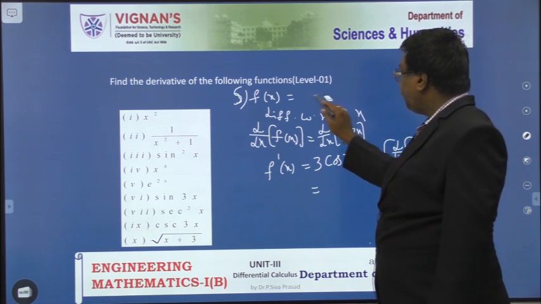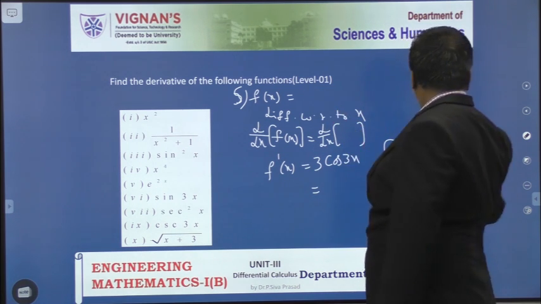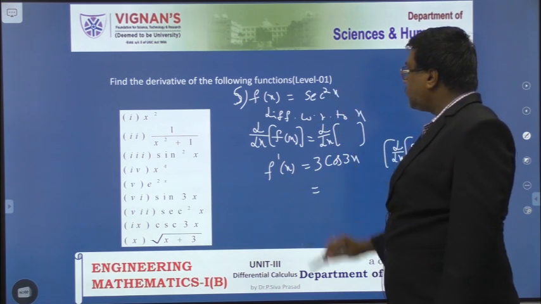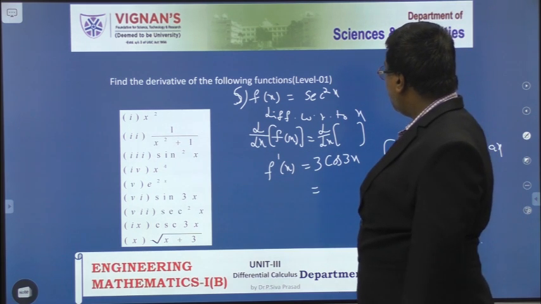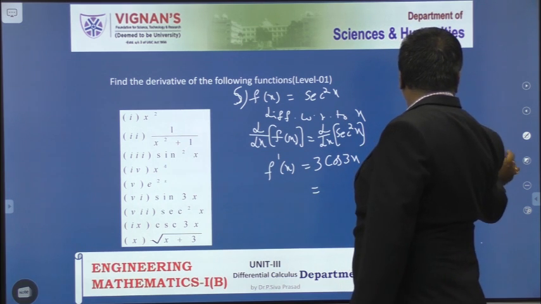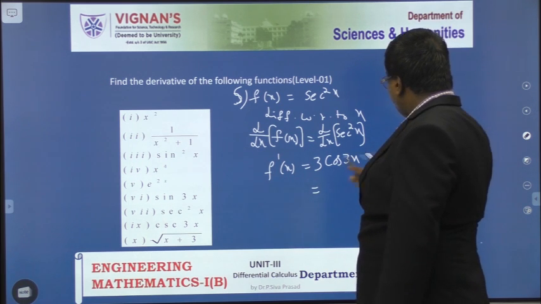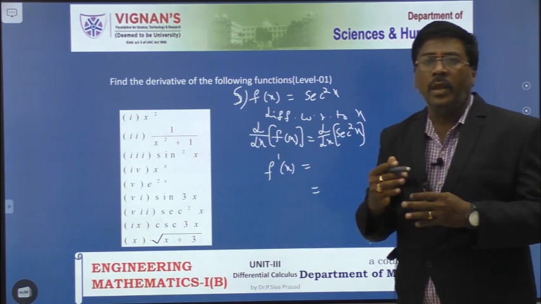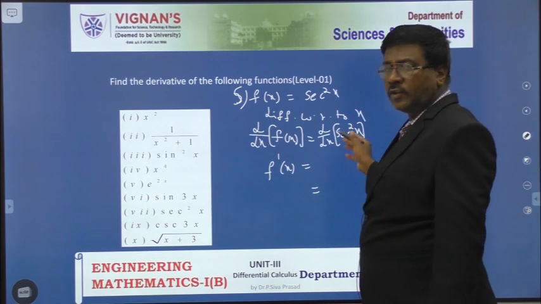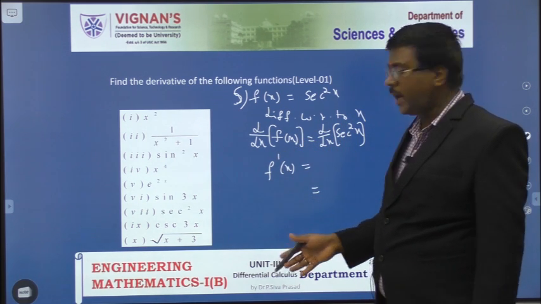The next example is secant square x. Differentiate with respect to x on both sides. d by dx of f of x is equal to d by dx of secant square x. Here I have to assume secant x as x, so this is in the form of x power n. The derivative of x power n is n into x power n minus 1.